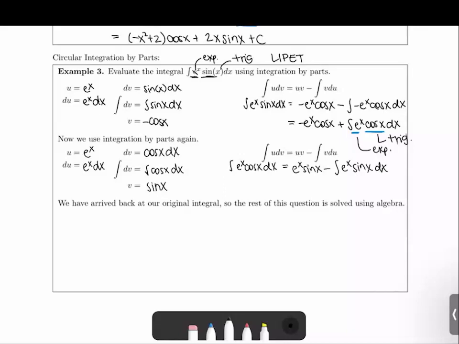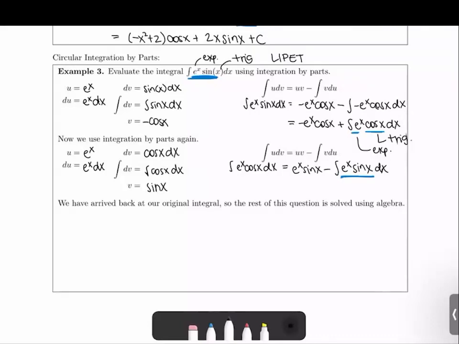So now that we're here, we again look at our new integral. So our integral that's new here is the integral of e to the x sine of x. And so we can say, okay, well, we need to do integration by parts again because it's an exponential times a trig function, but we can pause and say, wait, that was our original integral that we were looking at.